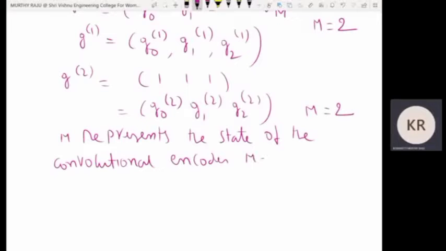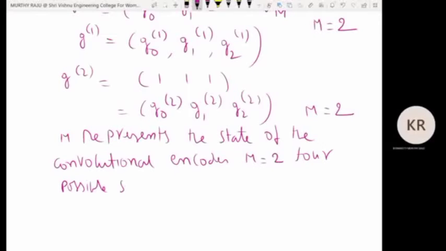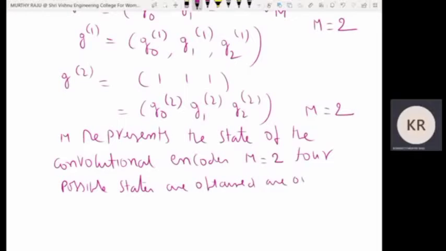Here M is equal to 2 means 4 possible states are there. The 4 possible states obtained are 0 0, 0 1, 1 0 and 1 1.